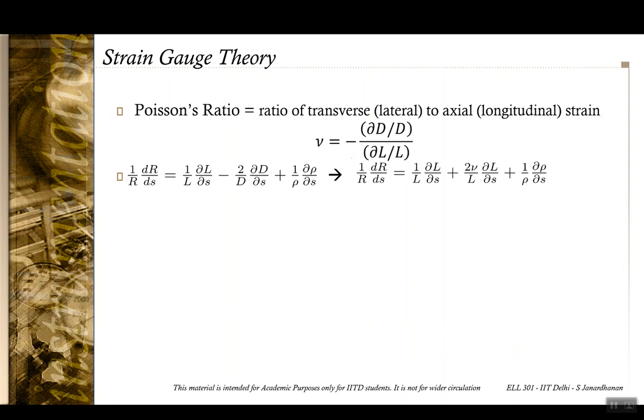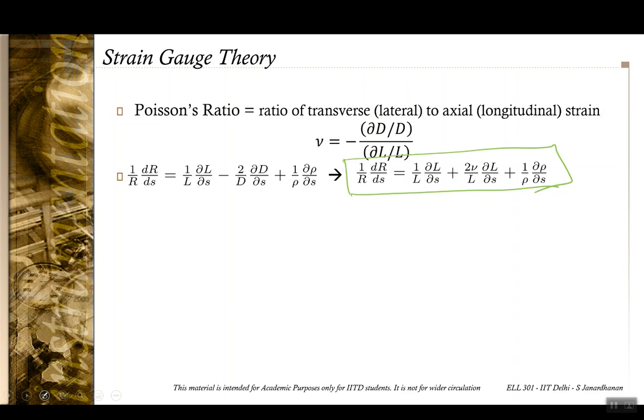This minus sign is because when the length increases, the radius is going to decrease. So when ∂L is positive, ∂D is going to be negative. Since ν is required to be a positive quantity, we have minus ∂D/D. In any case, this substitution is going to change our equation to this relationship.